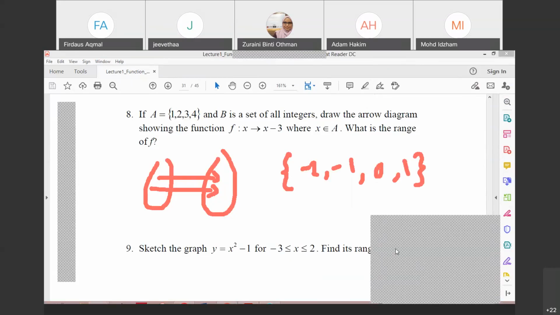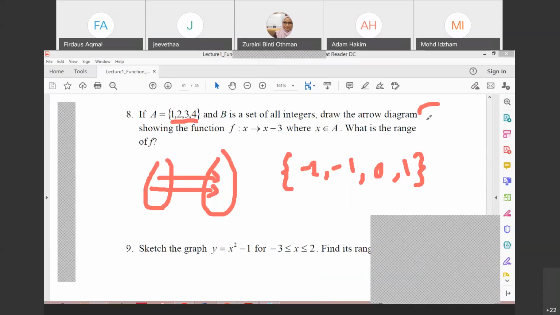Tahu kenapa kita guna curly bracket? Bukan yang close interval, open interval yang macam tu. Kenapa kita guna curly bracket? Okay, sebab kita punya jawapan tu, this is the set. Maksudnya we want to write the element negative 2, negative 1, 0 and 1 only. But there is no in between that.